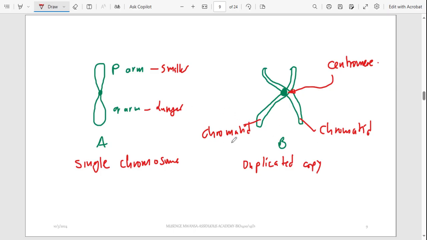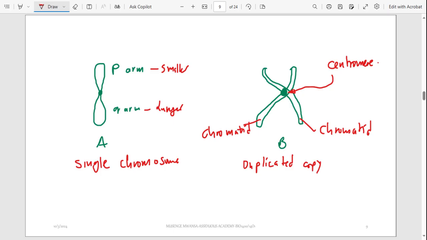So remember, I've mentioned chromatid, but earlier on I mentioned chromatin. So what is the difference between chromatin and chromatid? That is one thing that we should be able to differentiate.